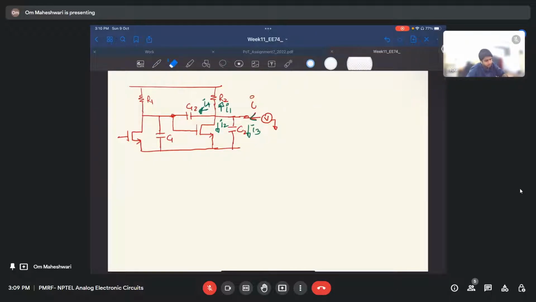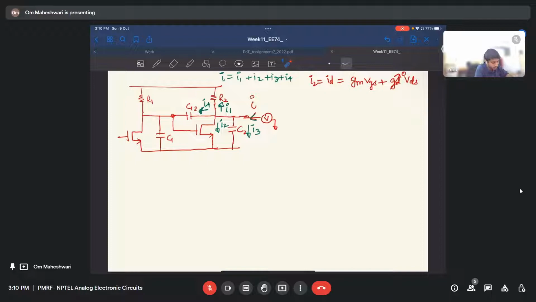So I equals I1 plus I2 plus I3 plus I4. First, we know what I2 is. I2 is GM VGS plus GD VDS, and since RDS is infinite, GD is 0, so it's simply GM VGS.